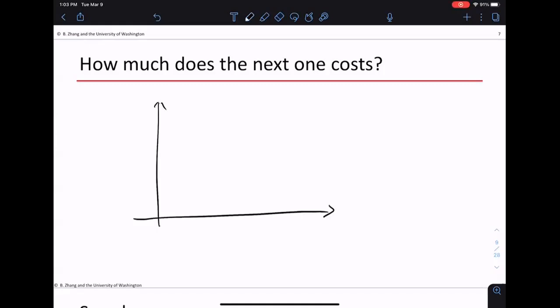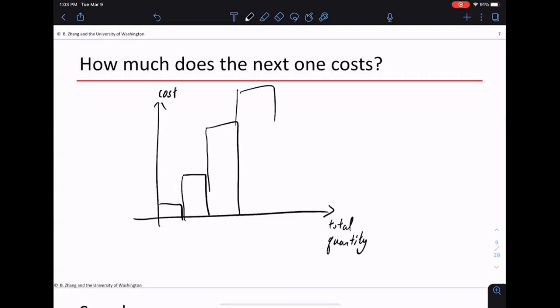If we have quantity and cost, then we start cheap, then start to cost more and more. We have this kind of cost structure associated with the supply curve.